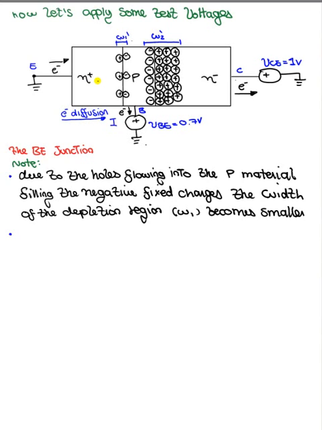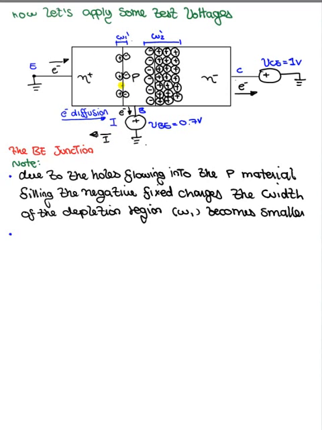Or you can think of it the other way: since you have electrons, you have a current flowing this way, with a lot of electrons on this side and very few on this side. Due to this differential in concentrations, through the process of diffusion, which we talked about before, we get a diffusion current flowing this way if you think of current as the flow of electrons, or this way, like you normally think of positive charge flow, which is the normal direction of current flow.